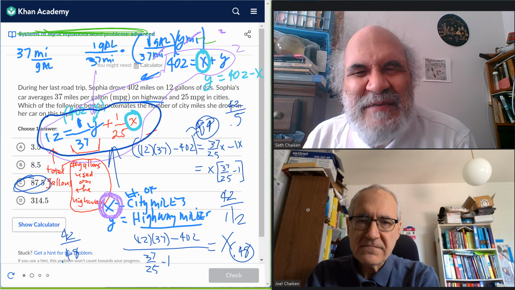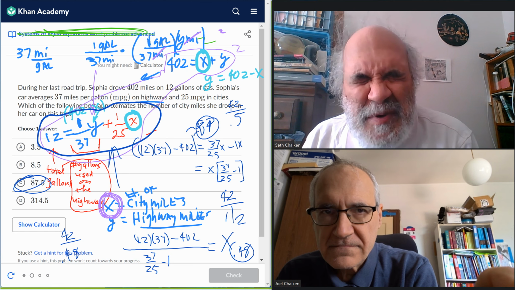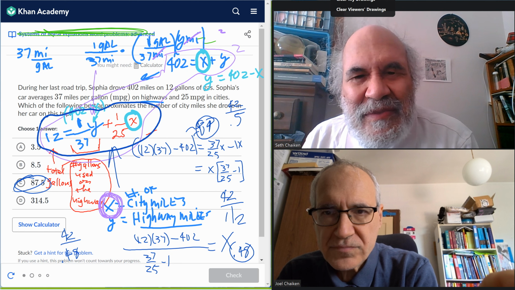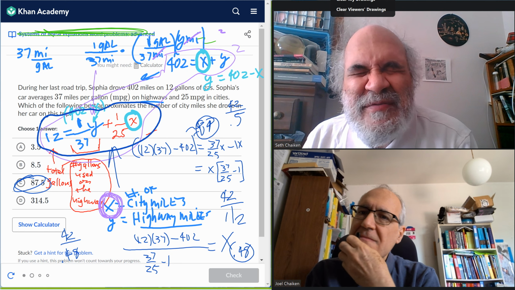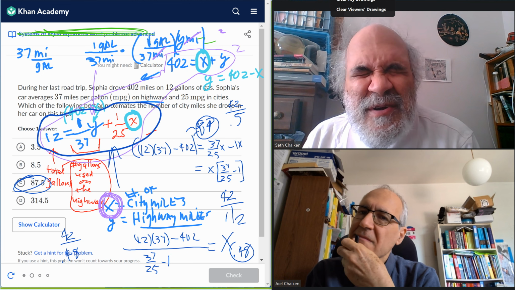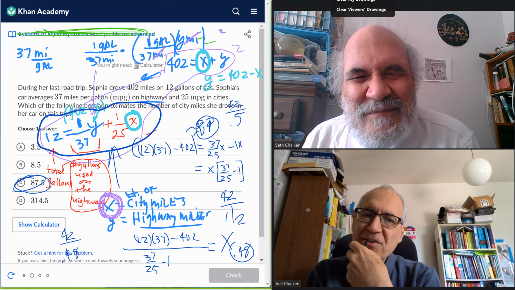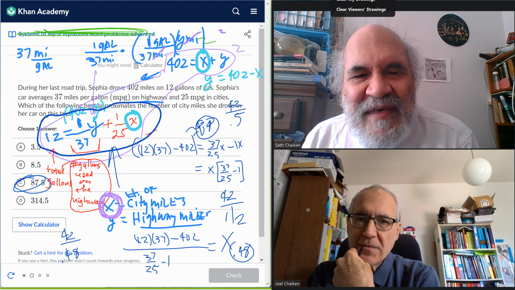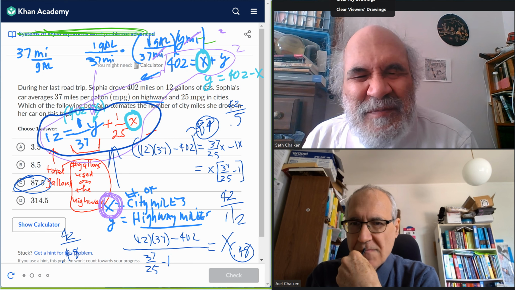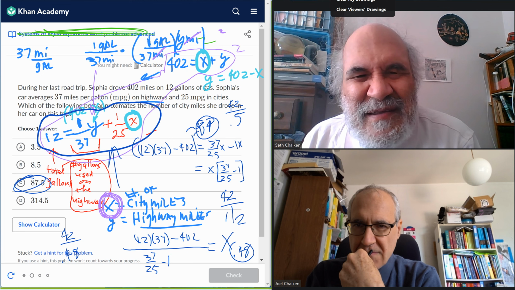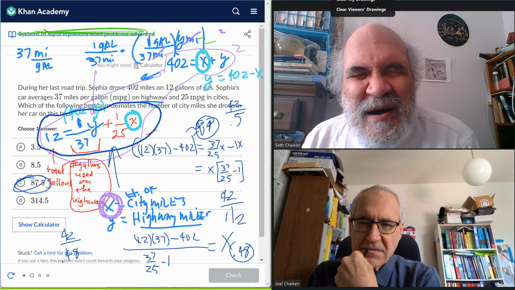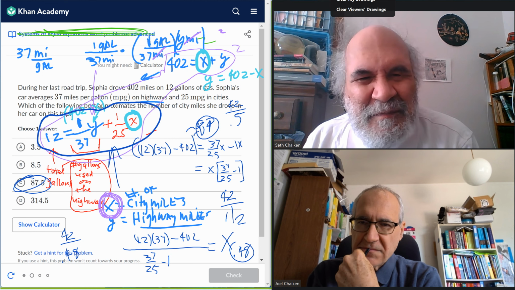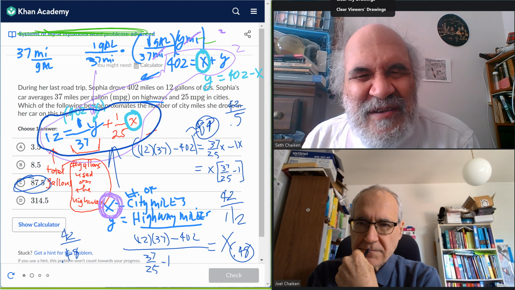You calculate the average of the whole trip, and then you see if it's closer to 25 or to 37. Exactly, that's how you could check. It's using intuition. If it's closer to 37, it means she drove more on the highway. If it's closer to 25, she drove more in the city.